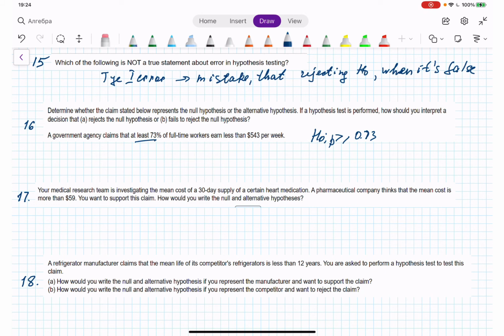We are going to interpret it the following way. There is enough evidence to reject the claim that at least 73% of full-time workers earn more than $543 per week.